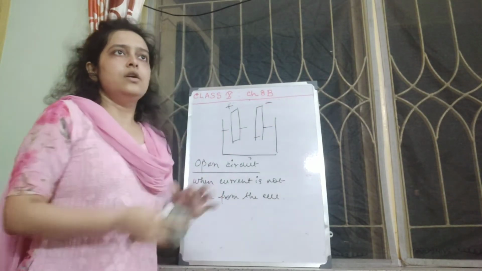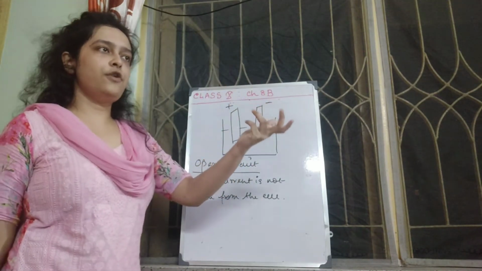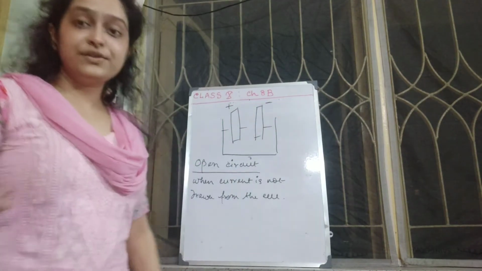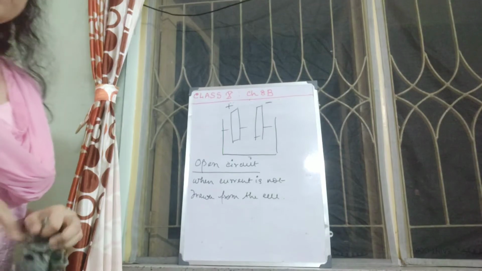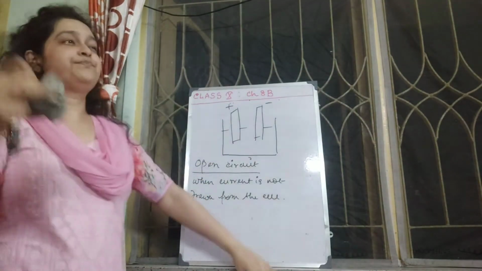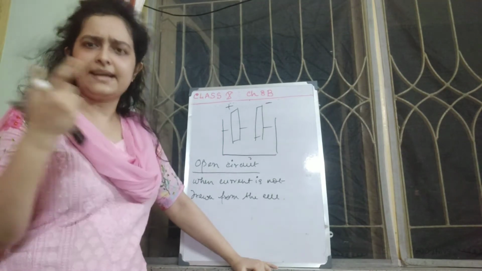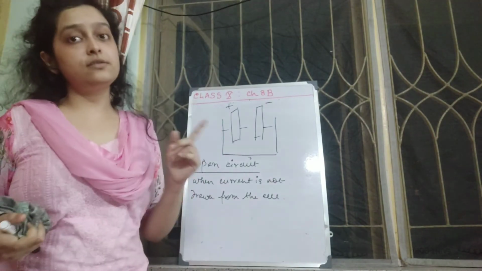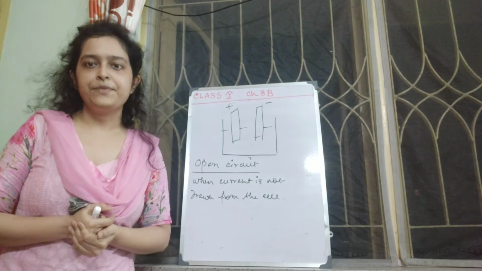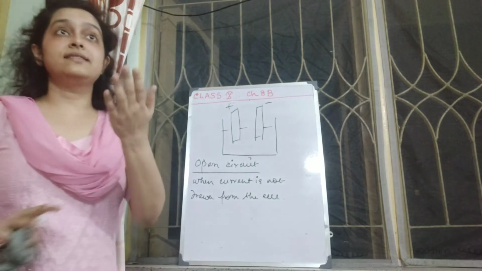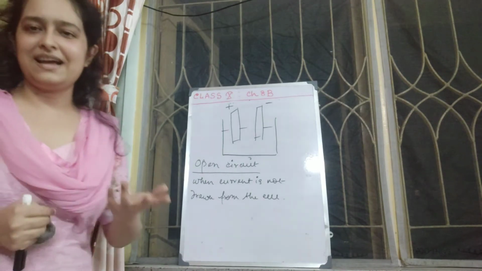You have the cells which we use as normal batteries, like in torches. You have learned, I think, in class 9 also, primary cells, secondary cells. In class 8 and 7 also it was there. You have learned about primary cells, secondary cells, and a few examples of primary cells like Leclanche.